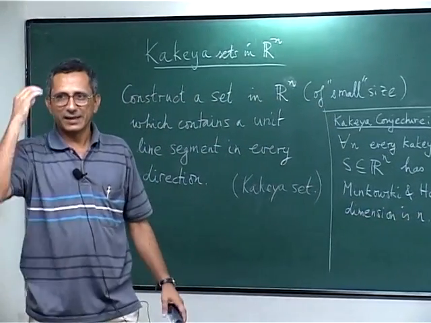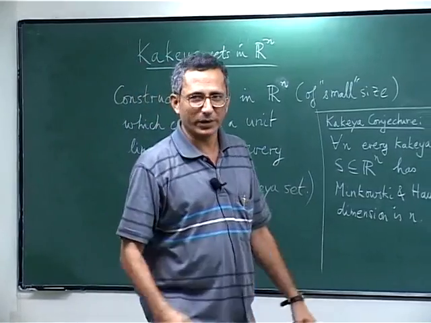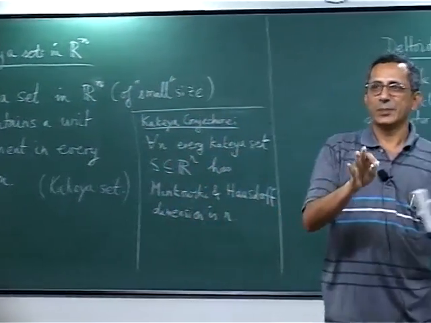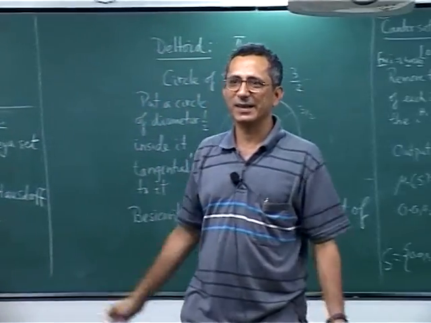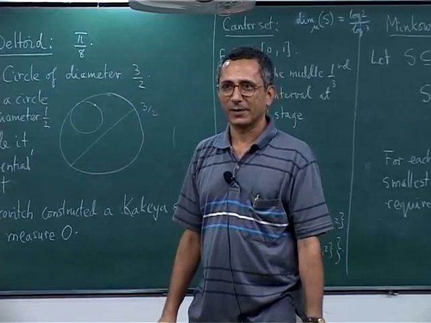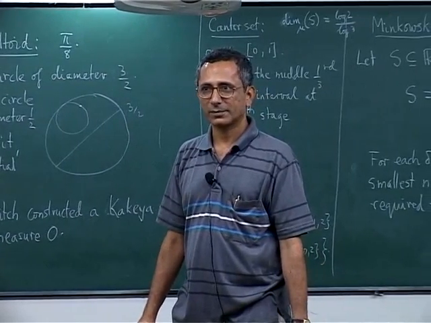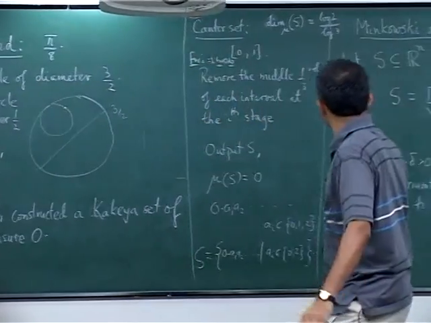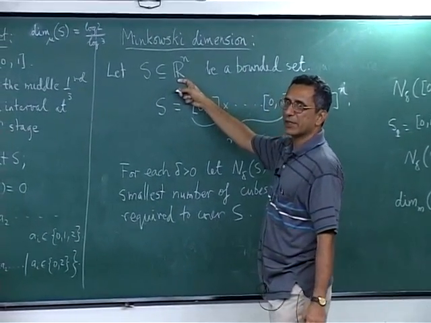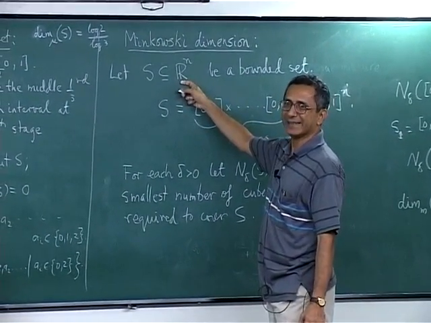So in some sense, probably Kakeya's intuition, if you translate it, he meant that it must be space filling in a certain sense. It has to have full dimension. It's obvious that for any bounded set, the Minkowski dimension is bounded by n.